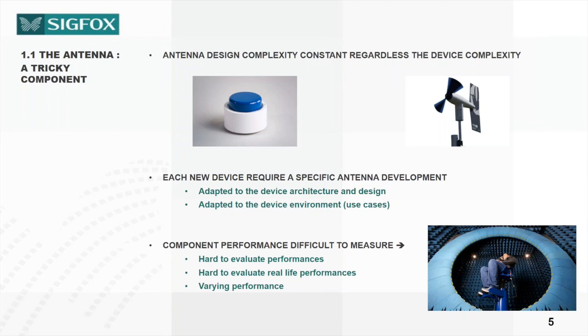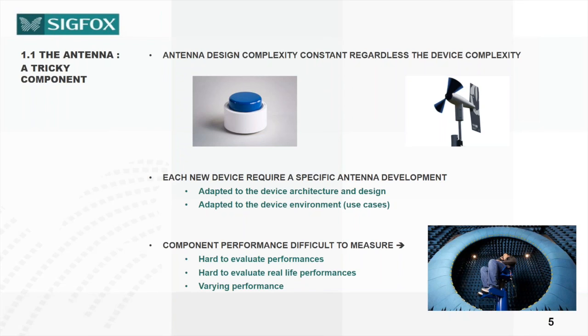And the last point is that antennas are quite difficult to evaluate, or at least the radiated performance of a device is quite difficult to evaluate. To measure it, first, you really need some expensive facilities such as anechoic chambers. You have a picture here.